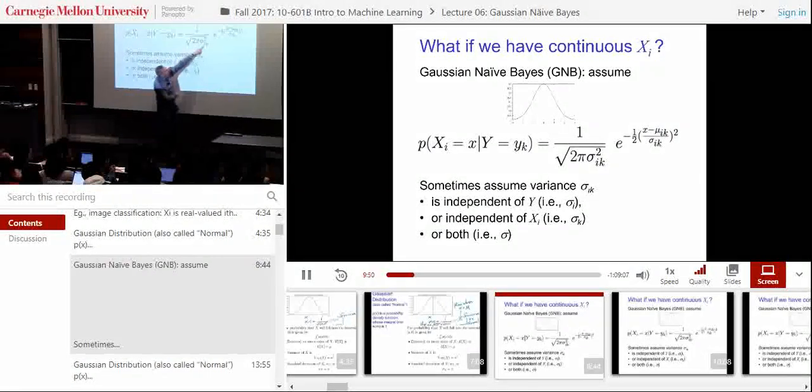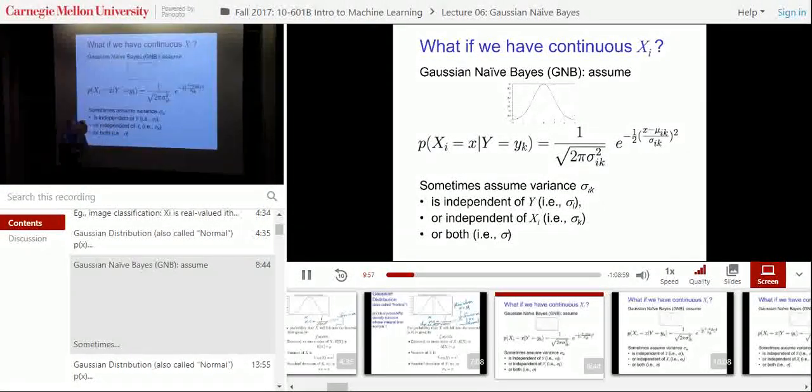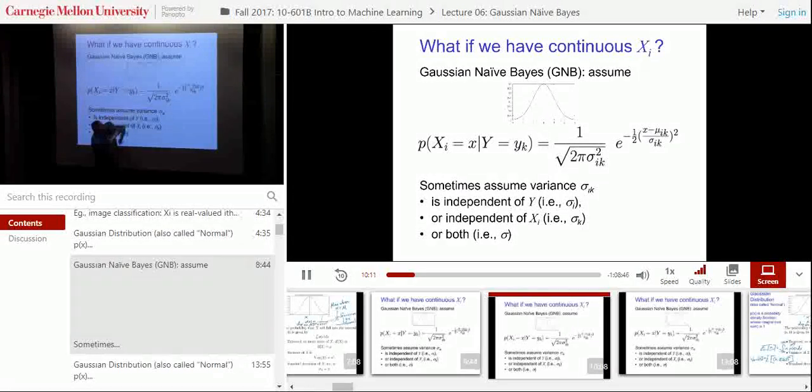That's why I've given a subscript of i and k to both sigma and mu. So for each possible x sub i and each possible discrete value of y, we have to estimate the mean and the variance that define the Gaussian distribution for that pair of y value and feature i.